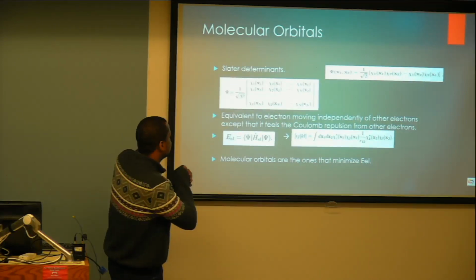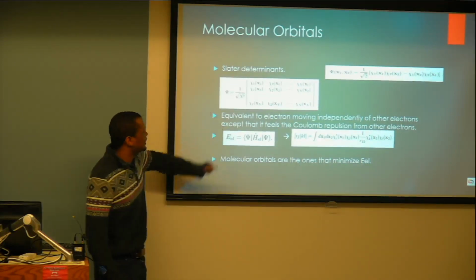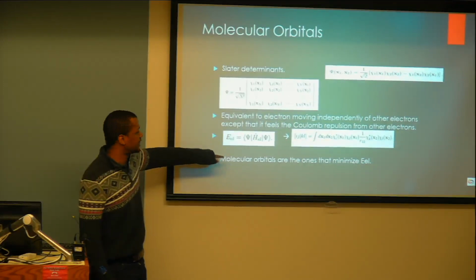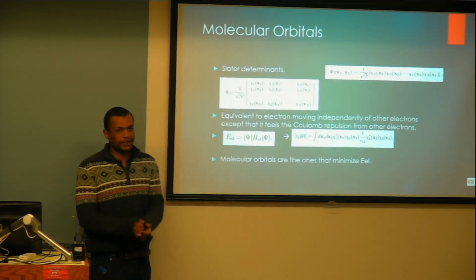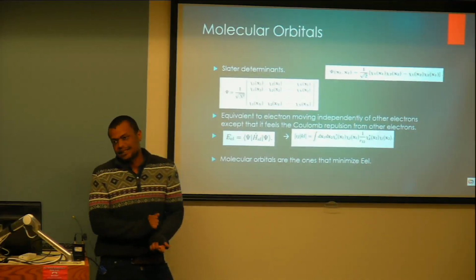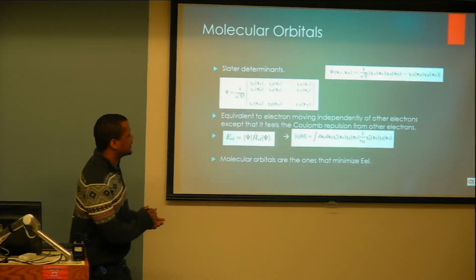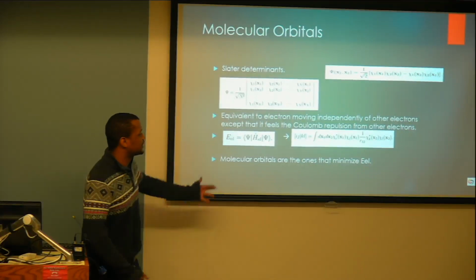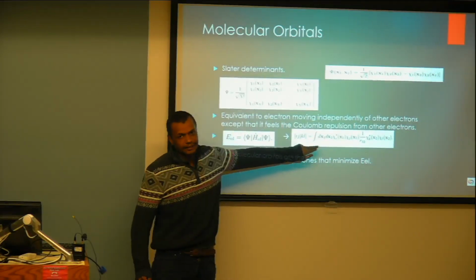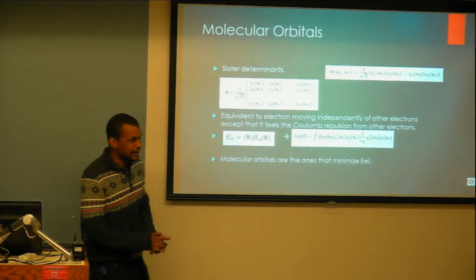After the Slater determinant, the electronic total energy can be represented by this bracket notation with the Hamiltonian as an operator, and chemists also represent it as this integral.